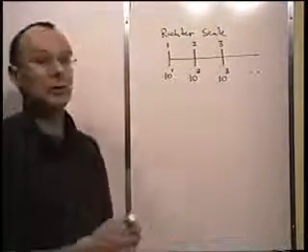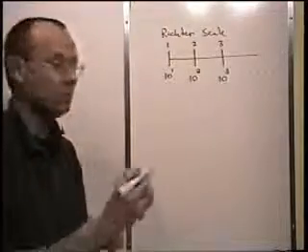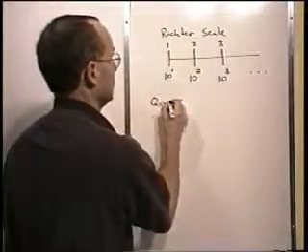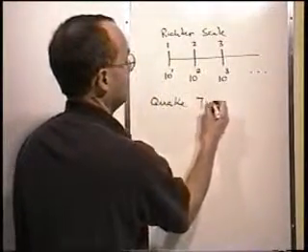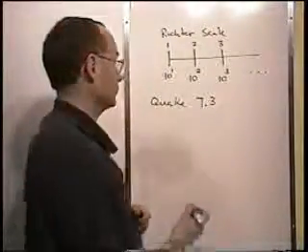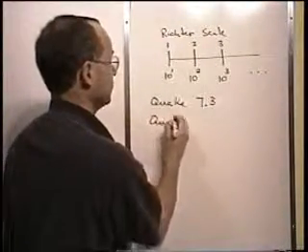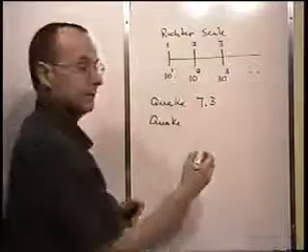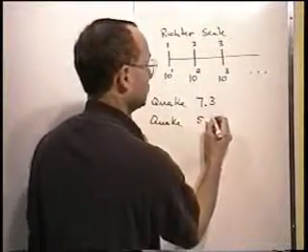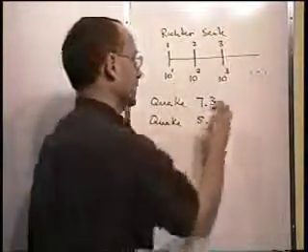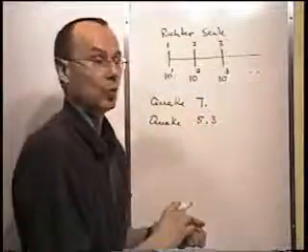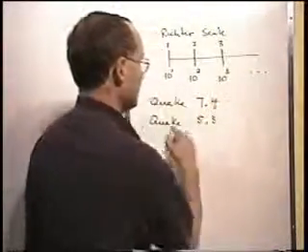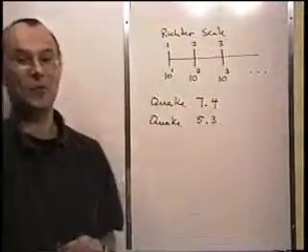A simple way to compare would be, suppose we had a quake somewhere that measured a 7.3 on the Richter scale, and say we had some other quake that measured 5. I'm going to go back and change this, otherwise my numbers don't work. 7.4, and then the second quake is 5.3.